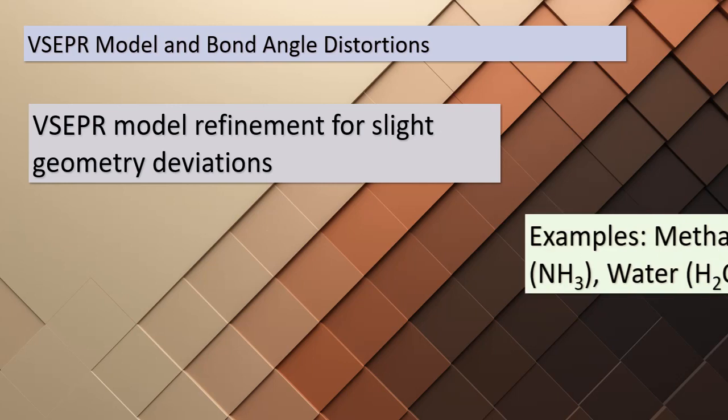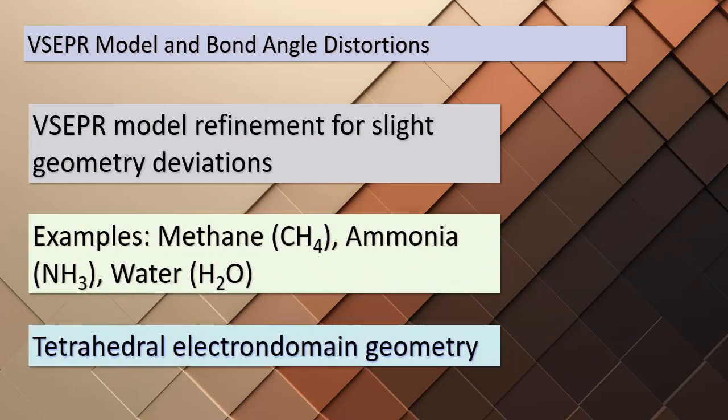Welcome back, students. In our quest to understand chemical bonding and molecular shapes, we're going to explore a refinement to the VSEPR model that explains deviations from ideal geometries. As you recall, the VSEPR model helps us predict molecular shapes based on the number of electron domains around a central atom. Let's delve into some interesting examples: methane, ammonia, and water. Although all three molecules have a tetrahedral electron domain geometry, their actual bond angles differ slightly.